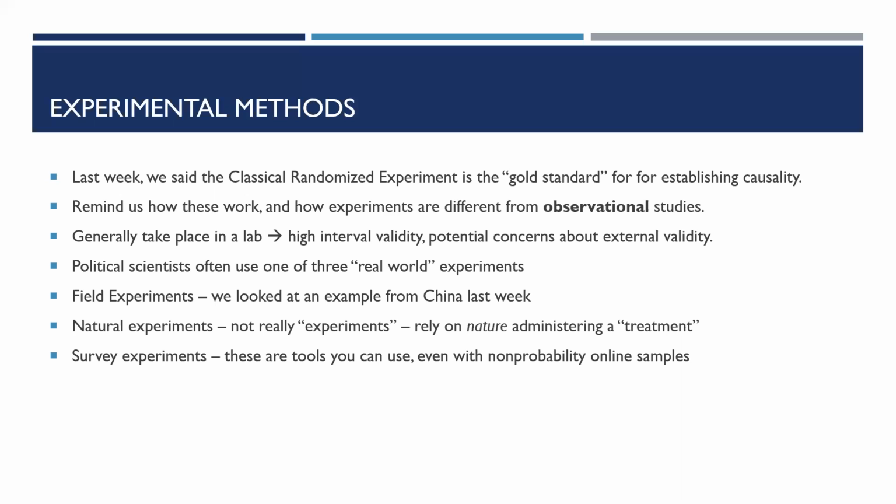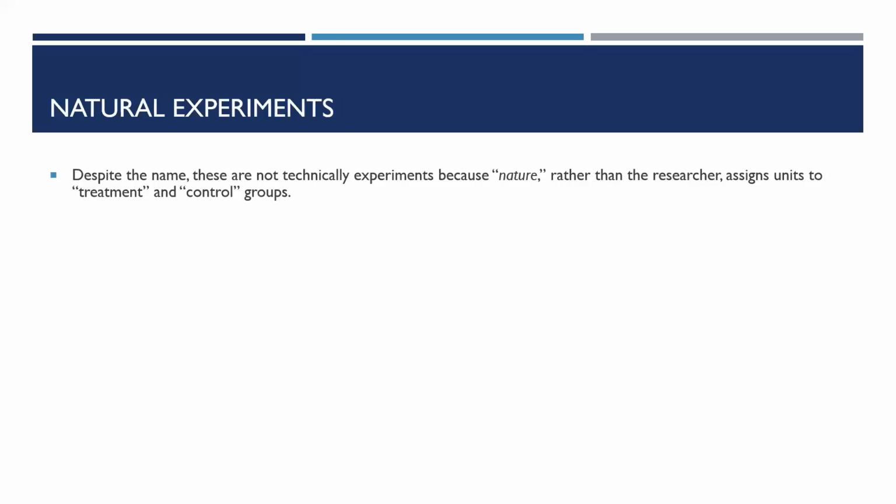So, these are tools that you can potentially use. They're really not that hard to program, and we frequently conduct these even on non-probability online samples. Right, and like I said, all of this just gets to the big point that in observational studies, the researcher doesn't have any control over the application of the independent variable, whereas in experiments, the researcher does.